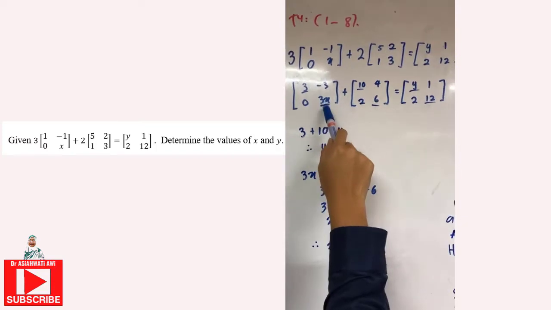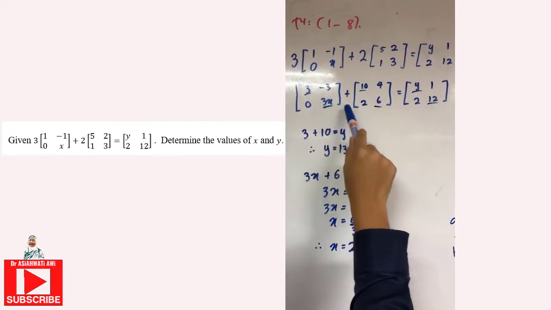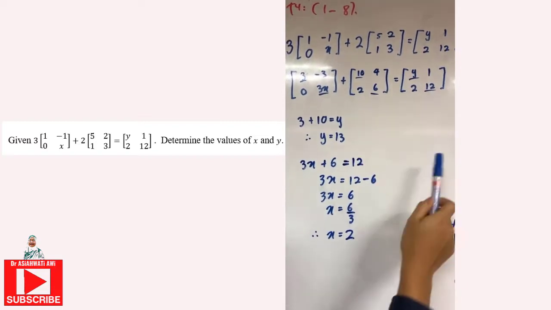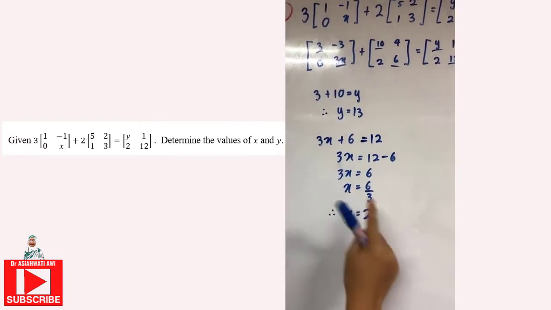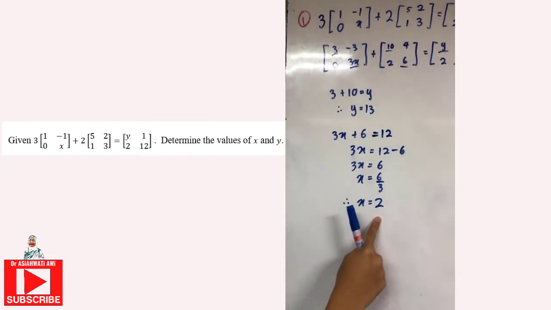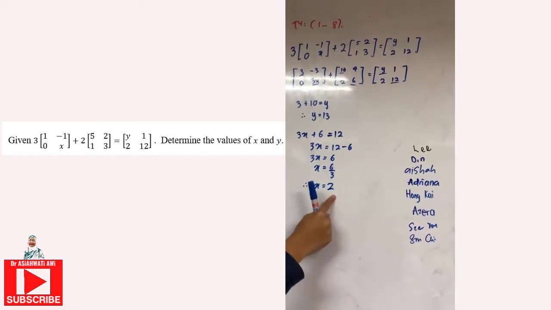Same with x, we take 3x plus 6 equal to 12, and from this equation we can find the value of x is equal to 2. So the value of y is 13 and x equal to 2.